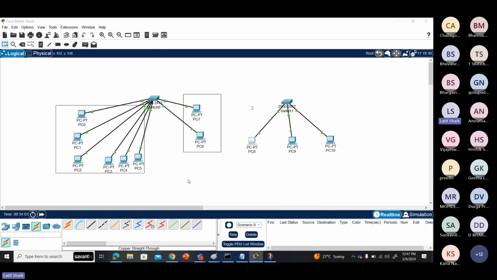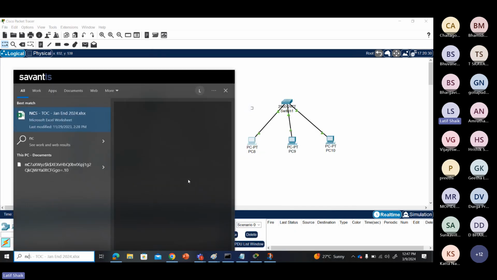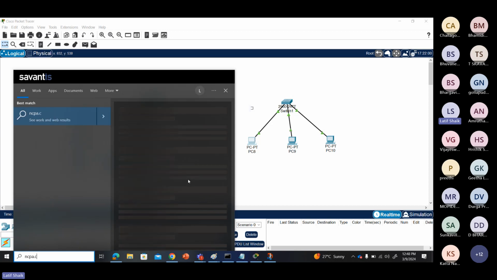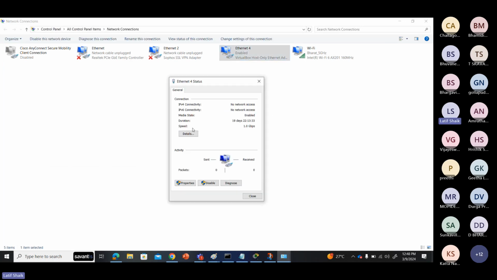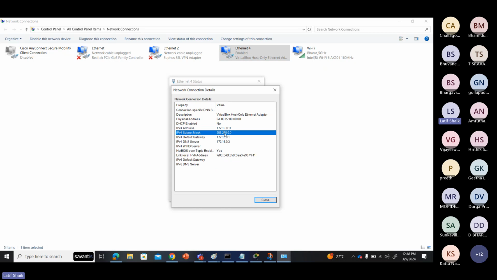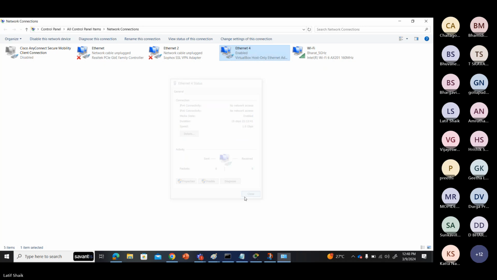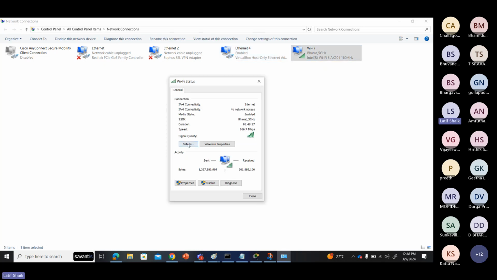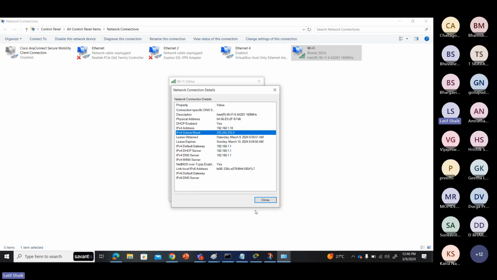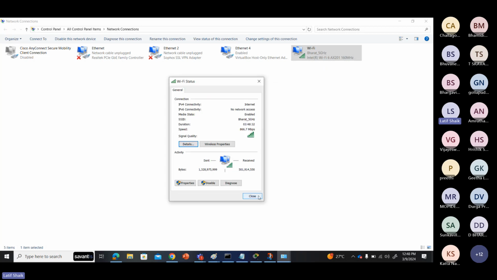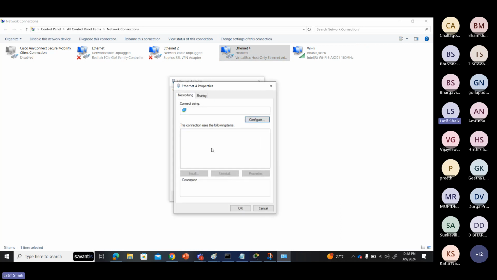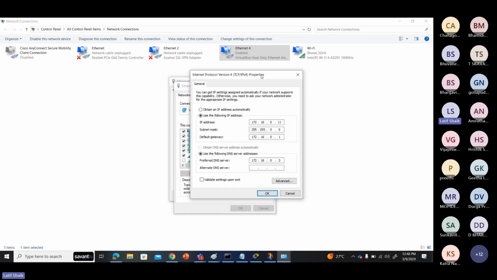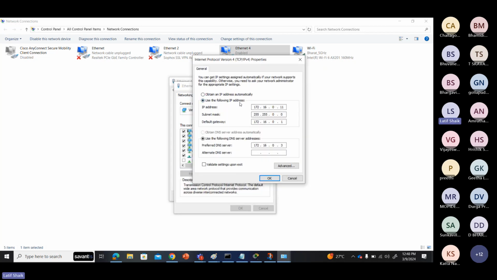Even in my system, I have a NIC. I open ncpa.cpl and click here. There is an IP address and subnet mask, class B. For this one, you'll see a class C IP address and class C default subnet mask. This is manually configured, so I can change it. This is a manual IP for this adapter.